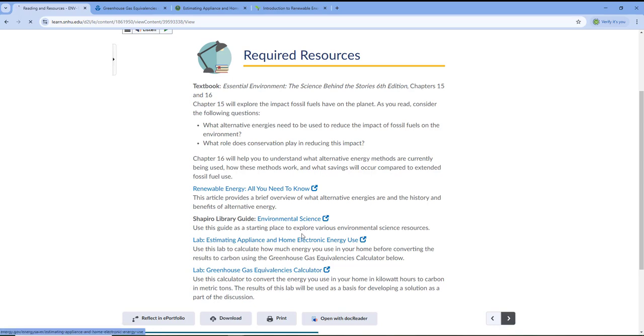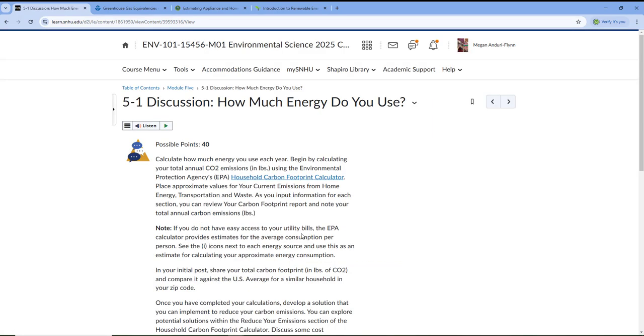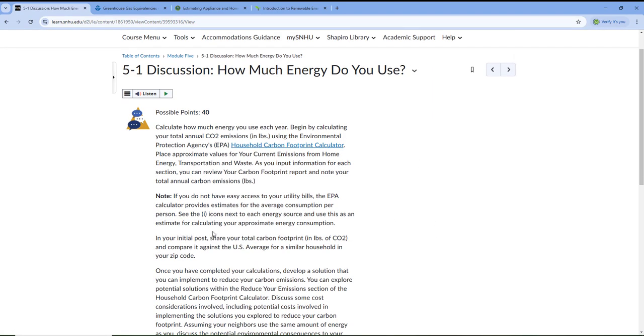Okay. So talking about the initial discussion board post, for this first discussion board post, you will be calculating your household carbon footprint calculator. And in order to do this, you will need a current utility bill to help you. If you don't have access to a utility bill, then you can use the little eye icon next to it to see the average, and then just use that instead.